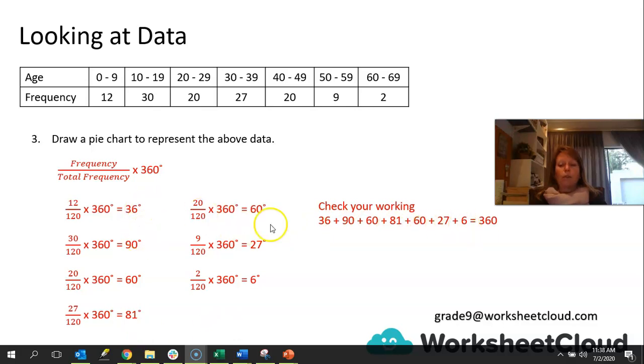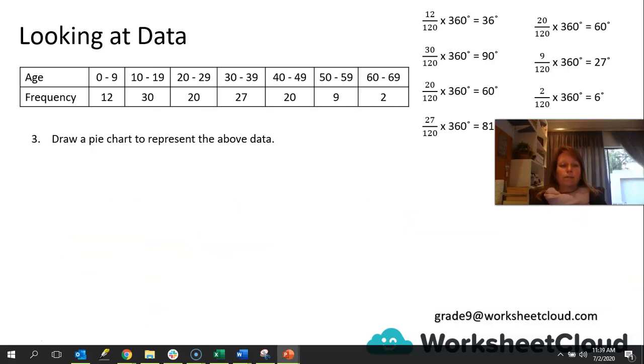We've got all of those answers over here. If you add them up, they will give you 360 degrees. That is a must. They must add to 360 degrees. If they don't, then you've made a mistake in your calculations and your pie chart will not work out. Okay, right, let's go on and draw our chart.